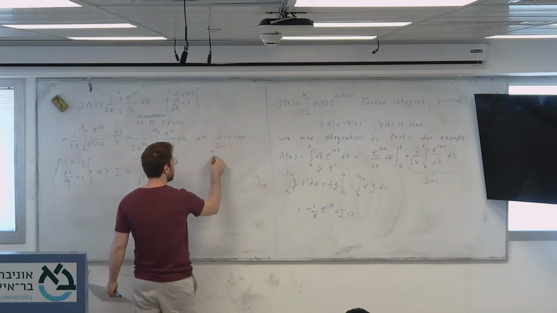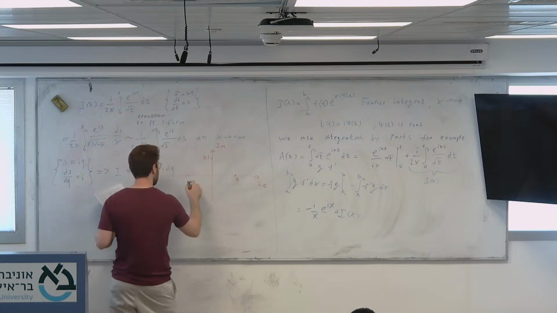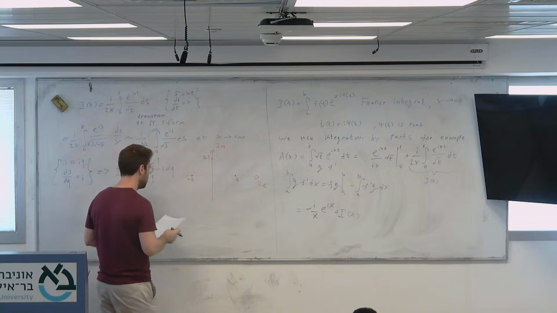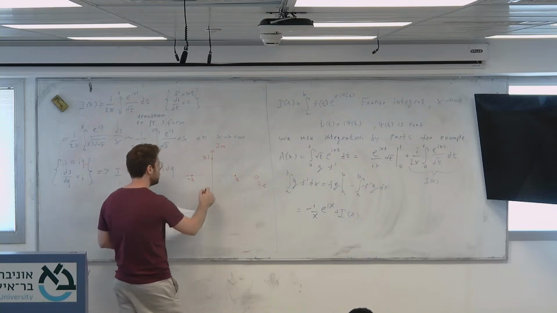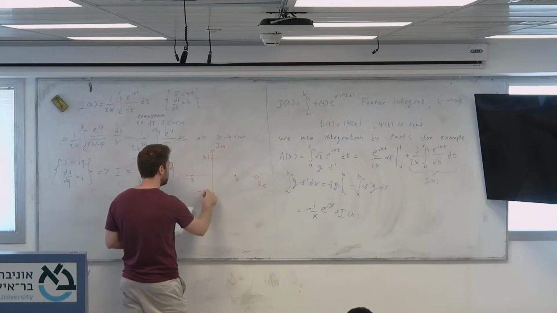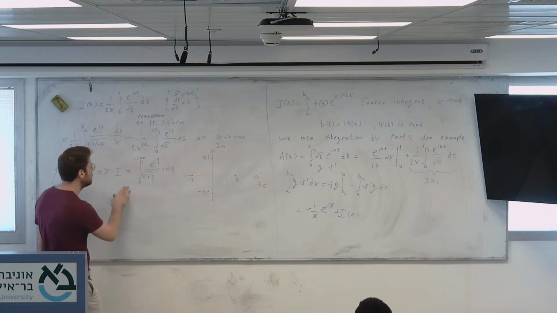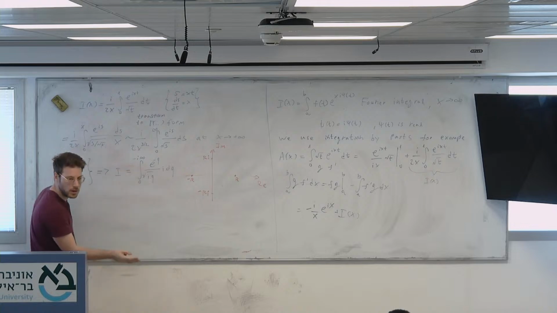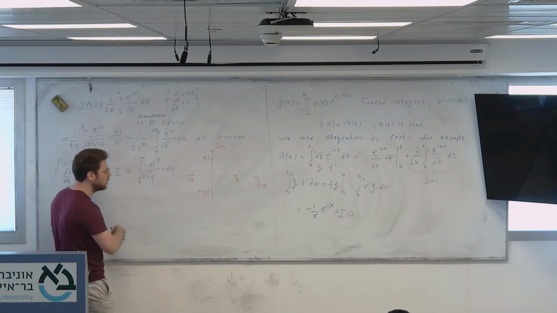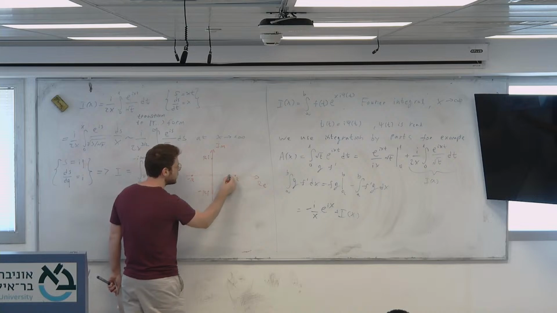This is some point radius r, ri, this is point r, this is point minus r, and this is minus ri. What we want to do is show that this integral in the complex plane is equivalent to the one in the real plane. So we want to show that if we integrate in this area, it's the same as here.